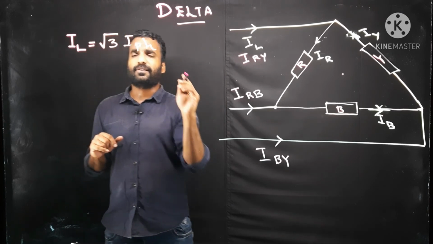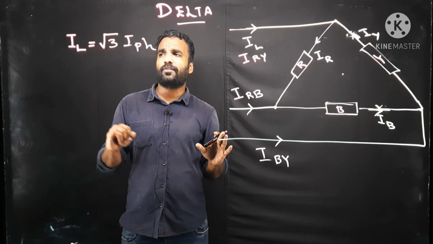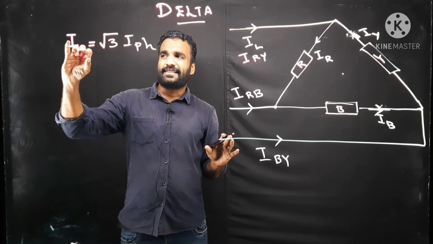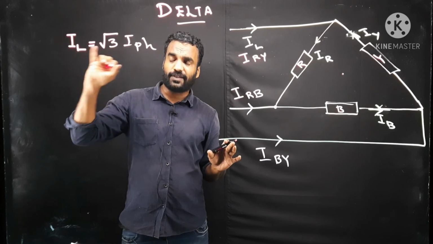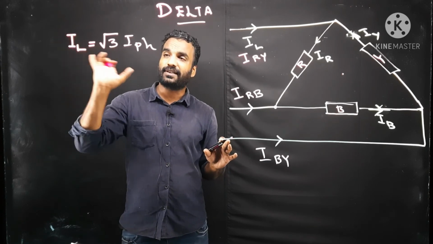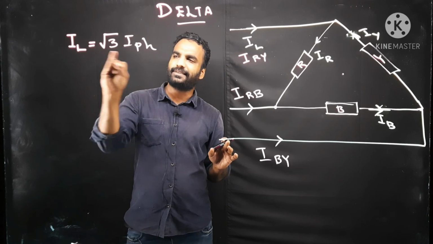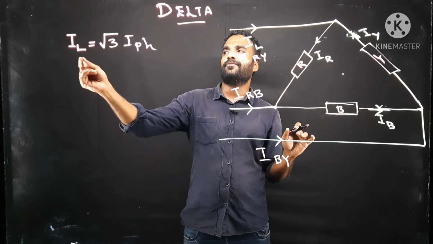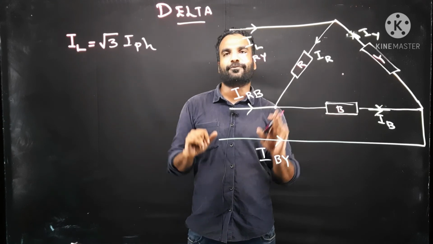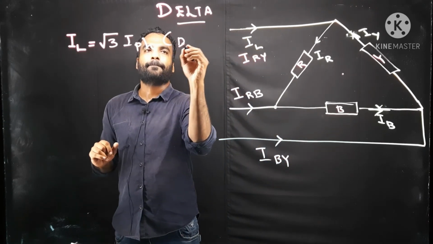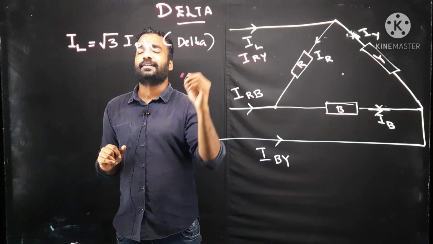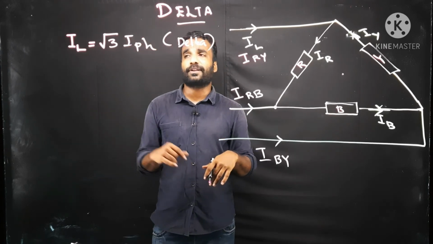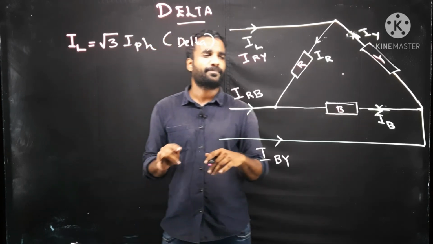In line voltage or current, whatever it may be, always line values are greater than phase values and the relation is the same, root 3. But here it is very clear, line current and phase current are different in delta. What was in star? Line voltage and phase voltage were different, same relation.